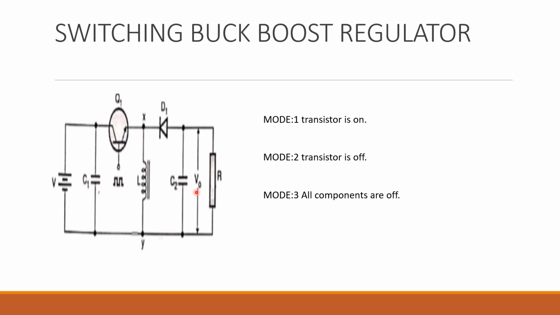So now again current will flow in reverse direction, anti-clockwise direction in the third loop when all the components are off. In all three cases, output voltage will be constant and it will be reverse polarity than the input voltage. It is also called as inverting regulator because output voltage polarity is reverse than the polarity of input voltage.